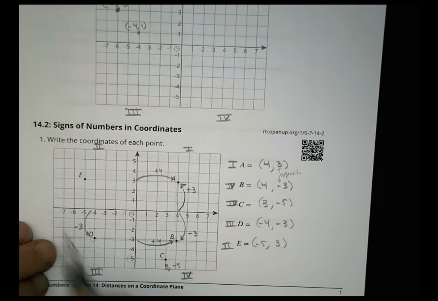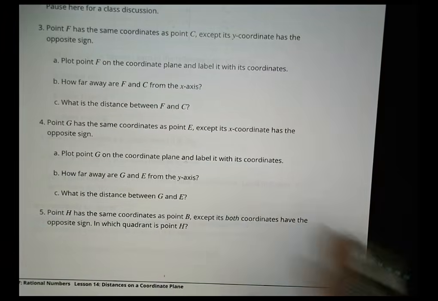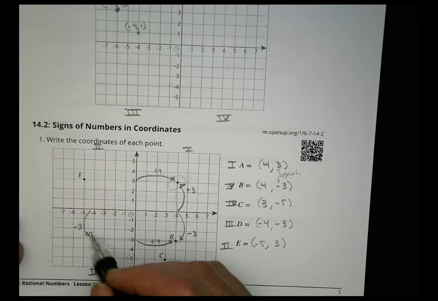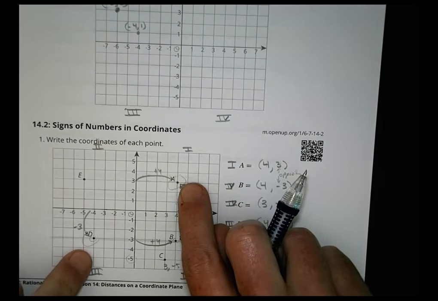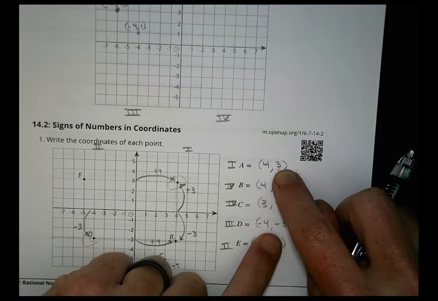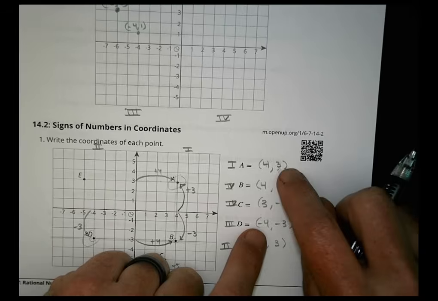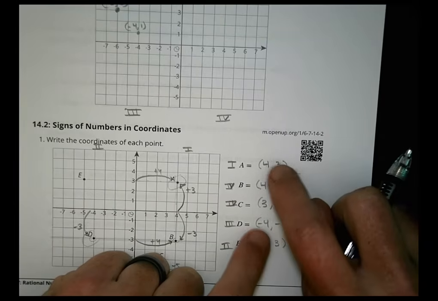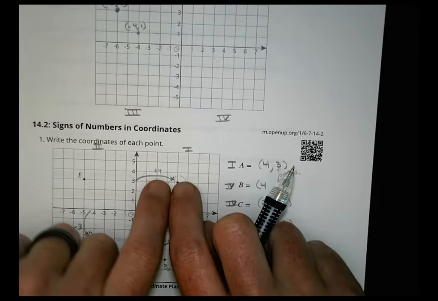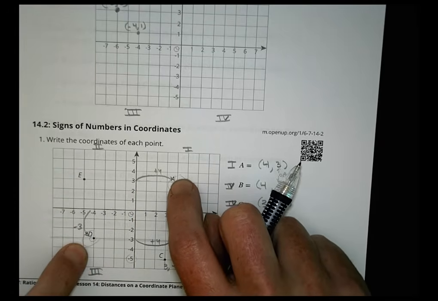Okay, so you can just be aware and look and notice these things. And then finally looking at A and D, here and here. They're across from each other. A is 4, 3, D is negative 4, negative 3. So while they have the same numbers, 4, 3, 4, 3, this one's positive, positive, this one's negative, negative, which puts them not just across this way, but diagonally opposite of each other.